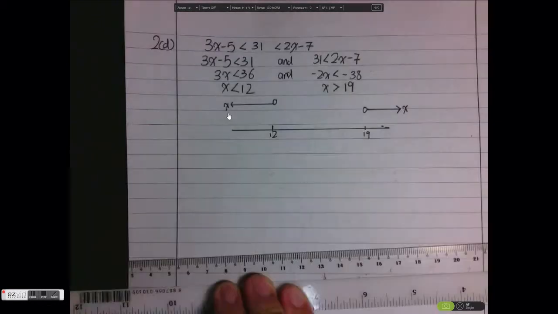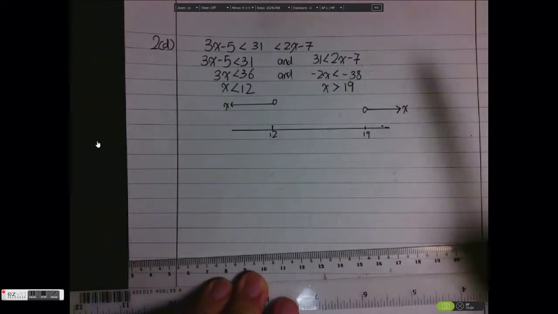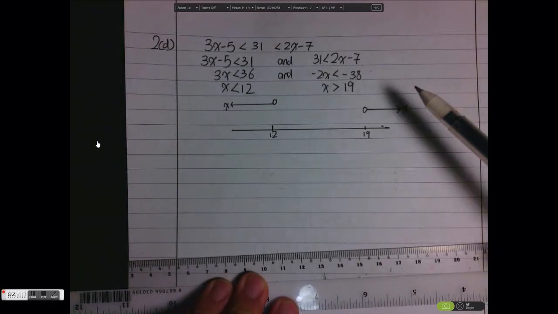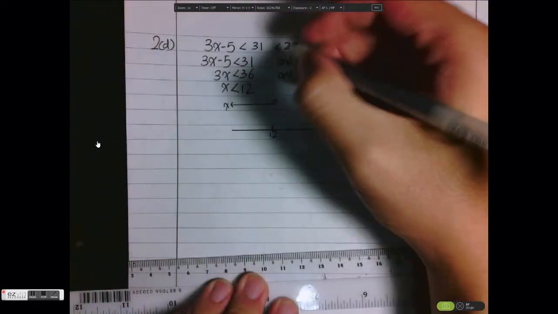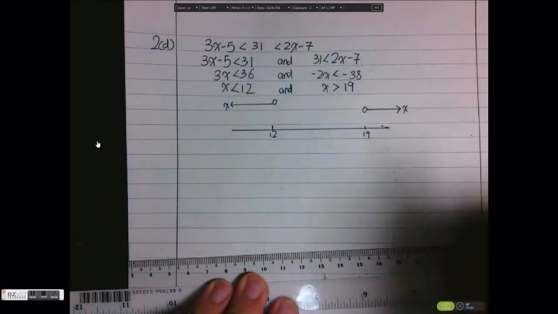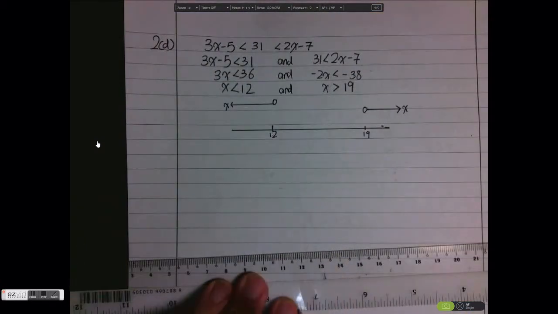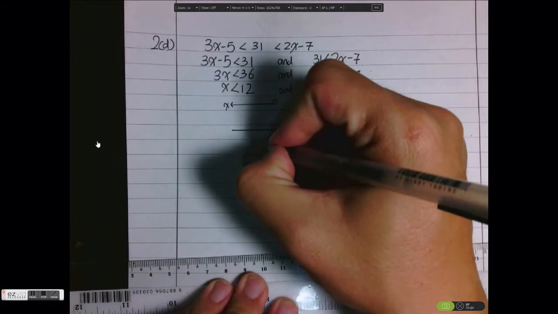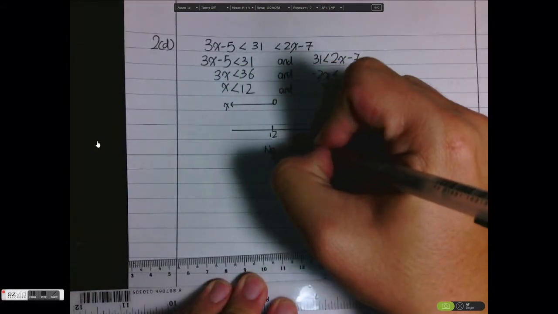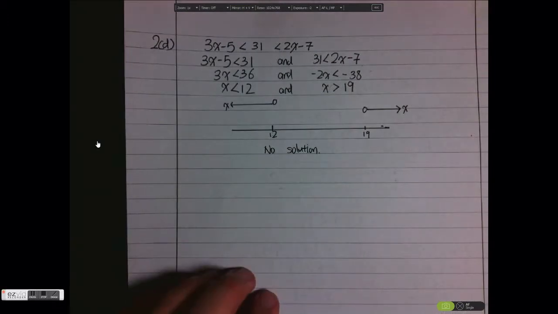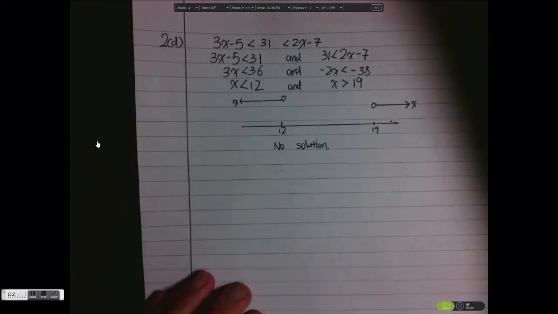If you notice, in this case they do not overlap. Them not overlapping simply means there is no value that will satisfy both this one and this one. Hence, there is no solution. And we are done with question 2D.